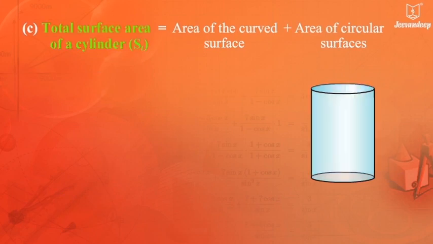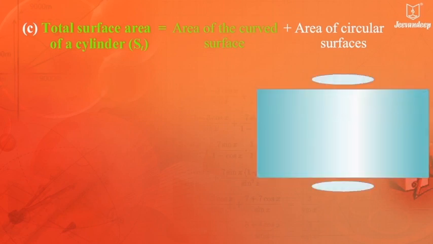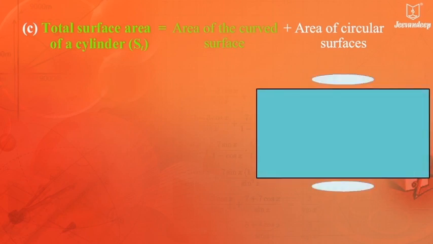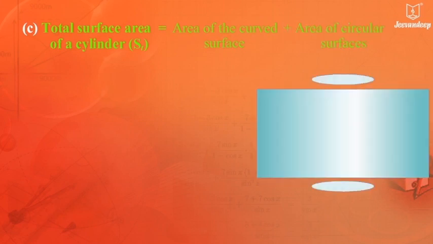C. Total surface area of a cylinder, represented by ST, equals area of the curved surface plus area of circular surfaces.